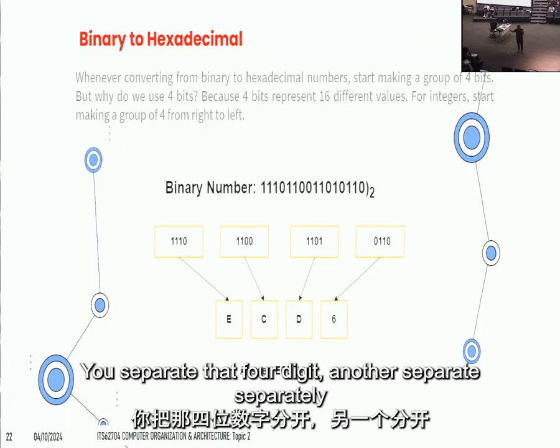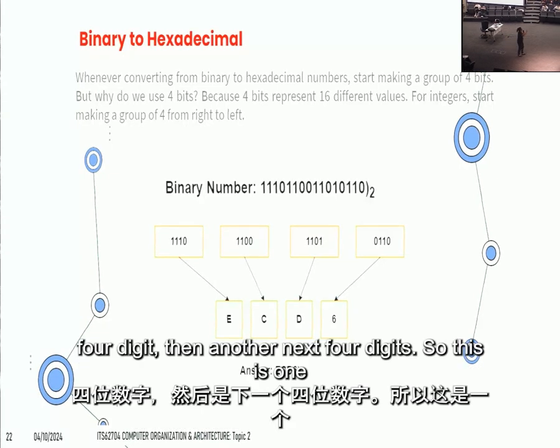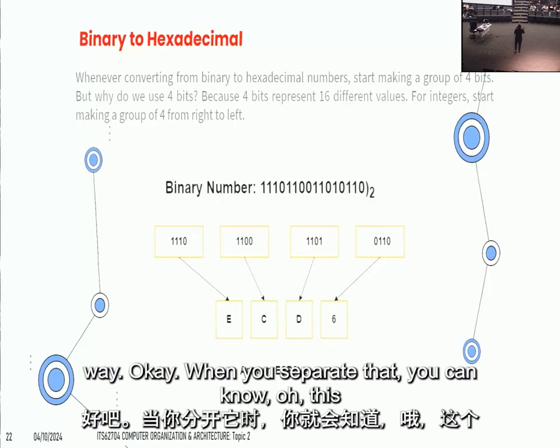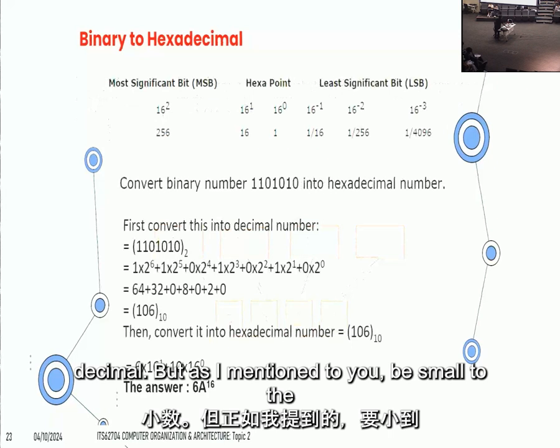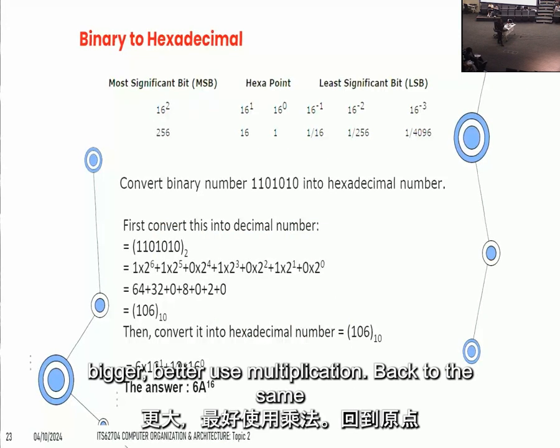You separate that 4 digits, another 4 digits, then the next 4 digits. So this is one way. When you separate that, you know this is basically the first step to convert to hexadecimal. But as I mentioned, from small to bigger, it is better to use multiplication.